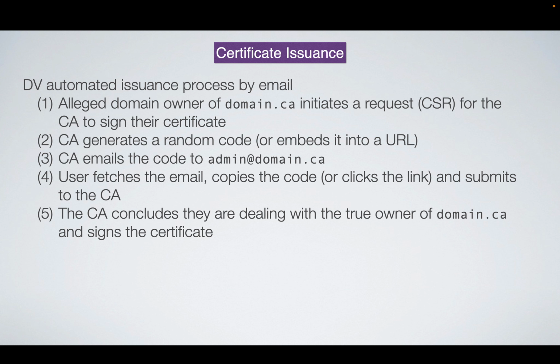It wasn't that I said, hey, send it to this email address. It's a pre-coded thing that CAs know. And so everyone in the room who has a domain should know that you need to set aside admin@yourdomain.com. That's a special email address, and anyone can get a certificate for that type of thing.